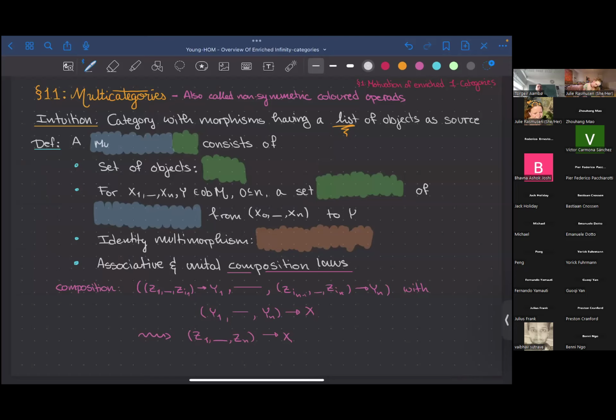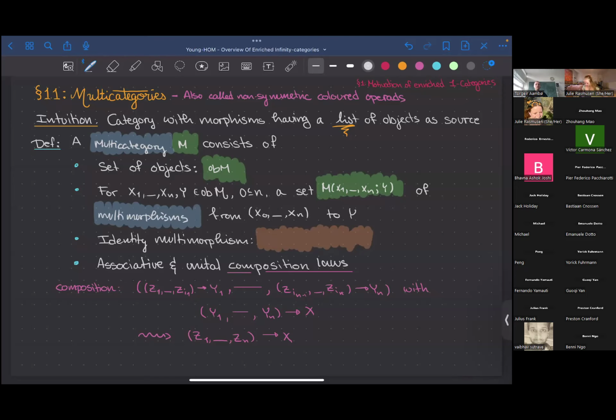A multi-category M consists again of a set of objects, denoted ob M, and then for a string of objects x1 to xn and y in M, we need a set denoted M(x1,...,xn; y), which is a set of multimorphisms from the string of objects x1 to xn into y.